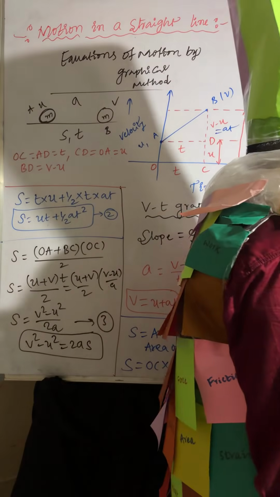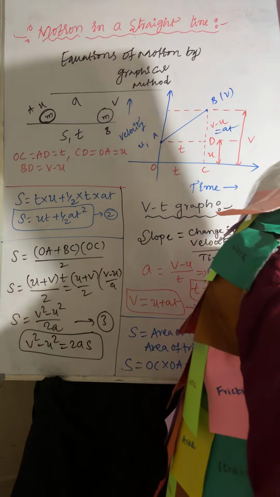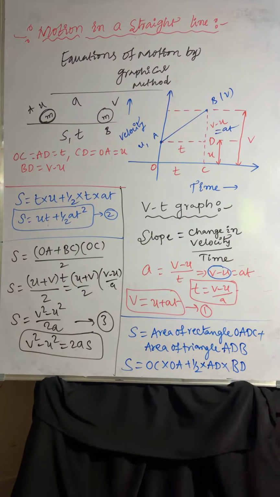I hope it is very clear. Understood or not? So this is about the equations of motion by the graphical method, and at the same time by using calculus. Once again, observe carefully here.